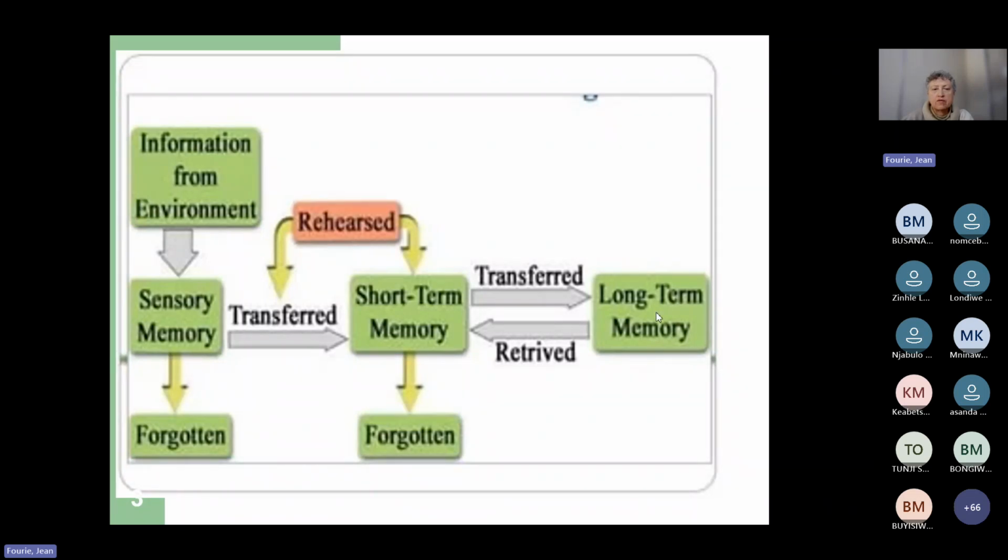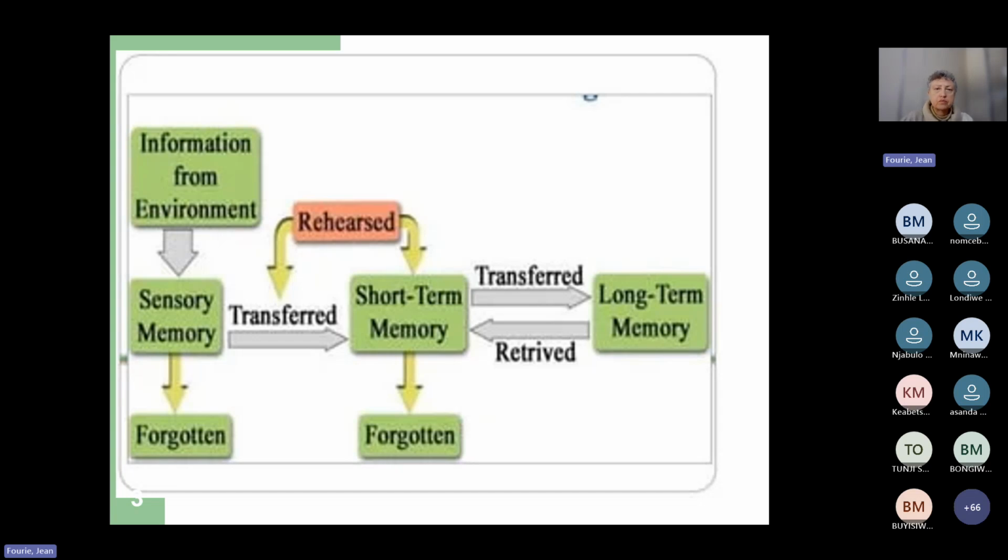And we have this process of rehearsal, where we are retrieving information and rethinking it, looking at information to make long-term and short-term memories much more effective.